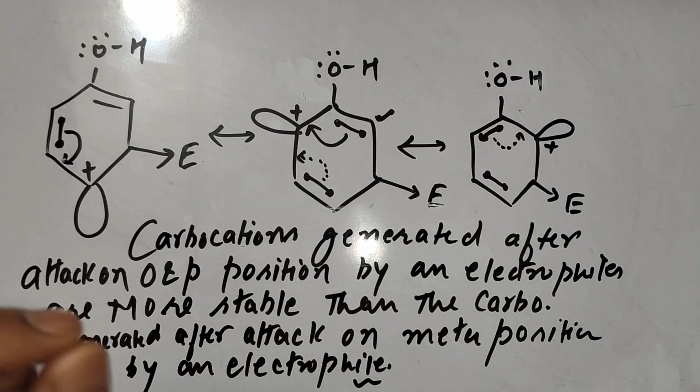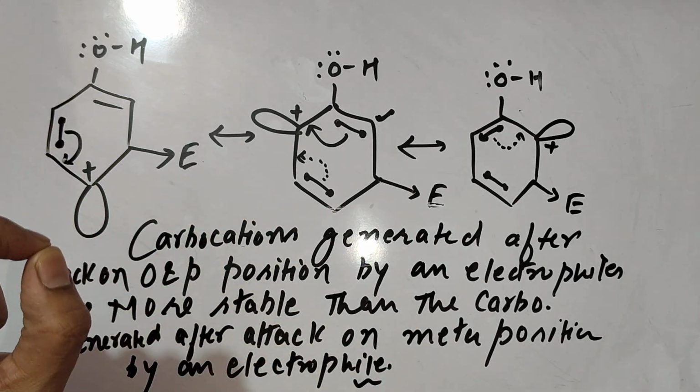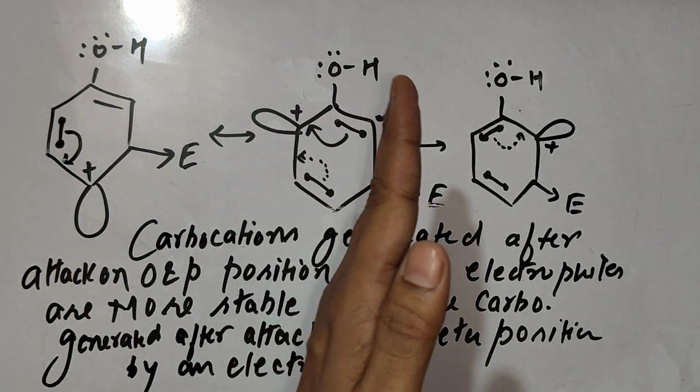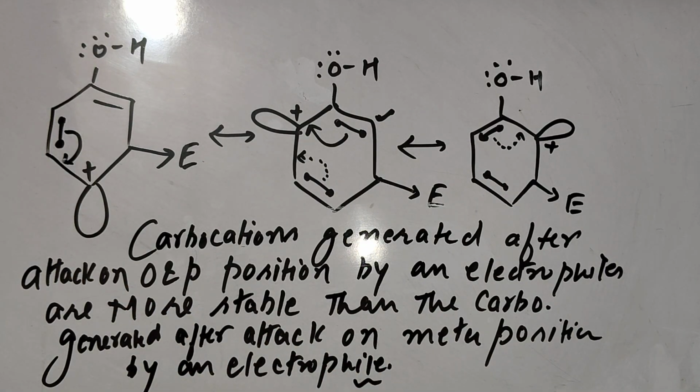That's why an electrophile prefers to attack on ortho and para positions, because it gets a better stable intermediate as compared to meta. This is the second reason. The first reason was resonance of phenol, and the second reason is stability of the carbocation generated after attack on ortho and para positions by an electrophile.